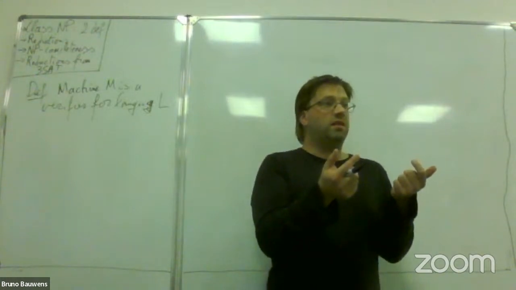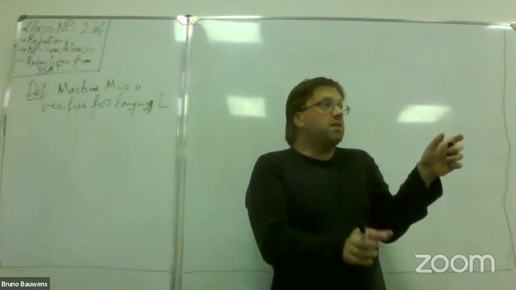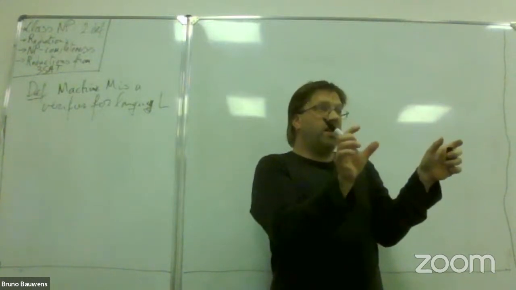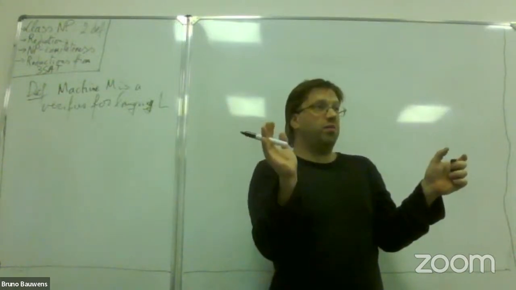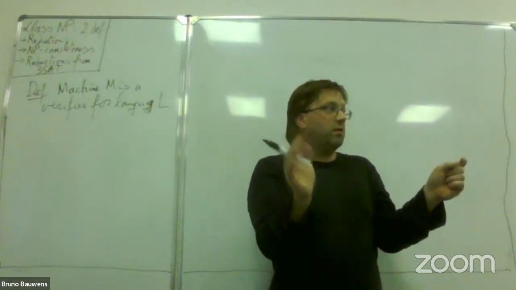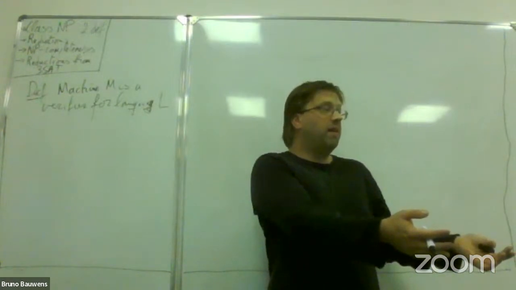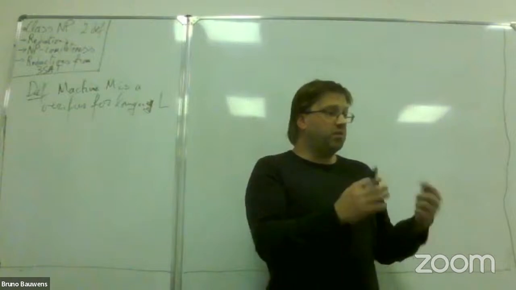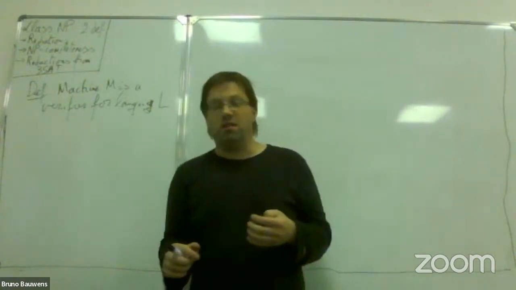The idea is that if the input is in the language, then there should exist at least one certificate. If it's not in the language, then no certificate should work. So if the graph is not guilty of having a Hamiltonian cycle, then the verifier, the judge, should reject all the proofs.